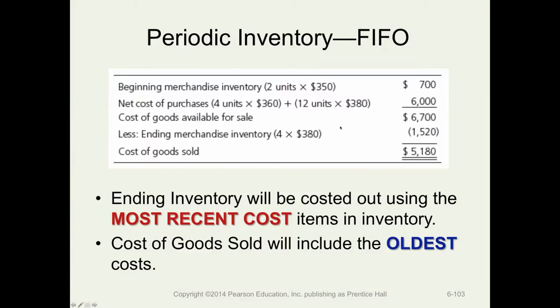So putting this in the cost of goods sold formula, we know that beginning inventory was 700. I already showed you the purchases of 6,000. Goods available for sale, 67. Ending inventory, again under FIFO, is the most recent cost, and therefore the oldest cost is in the cost of goods sold.